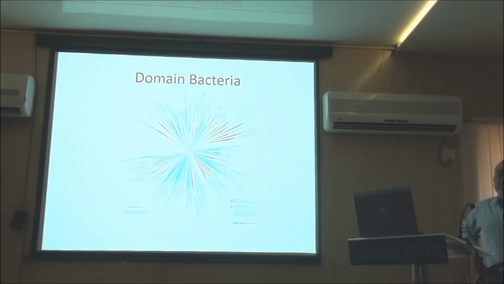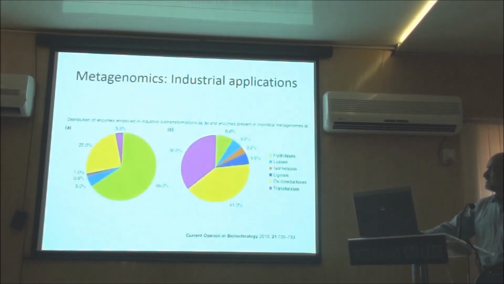I am not going into what single cell genomics is, but here you do not grow the organism in a laboratory, you just isolate a pure single cell and do the genome sequencing on that. So this is where microbial taxonomy stands today with the impact of metagenomic studies.